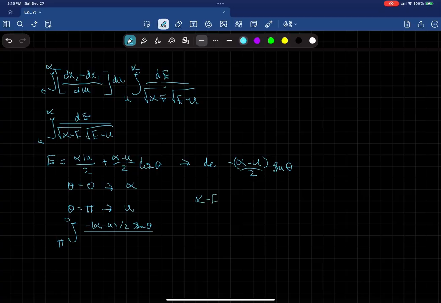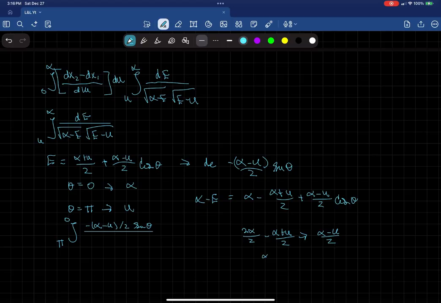Alpha minus e is just alpha minus alpha plus u over 2 plus (alpha minus u)/2 cosine theta. And this returns, if I write this as 2 alpha over 2 minus (alpha plus u)/2, this just gives me (alpha minus u)/2.